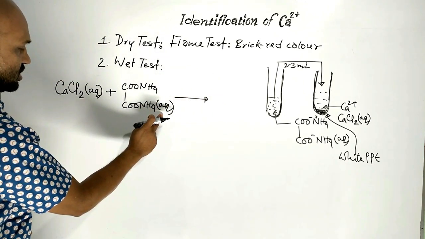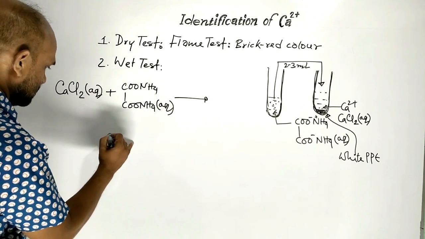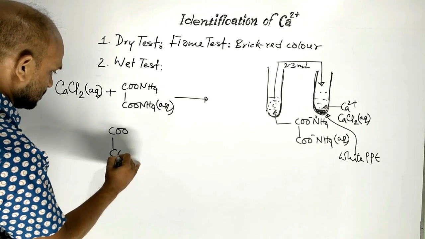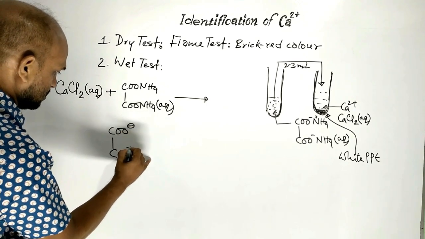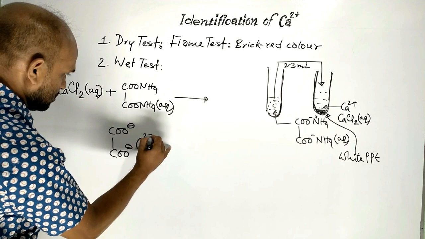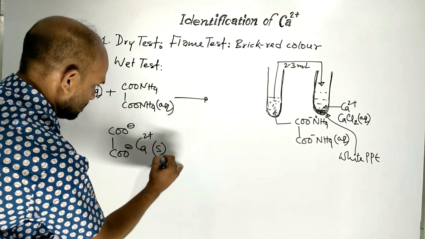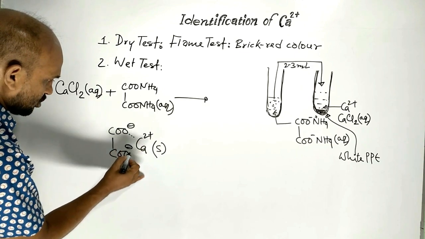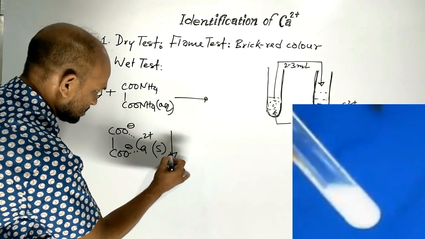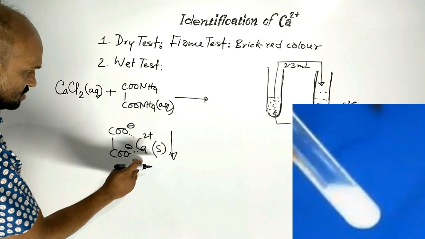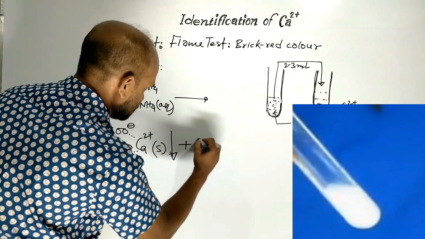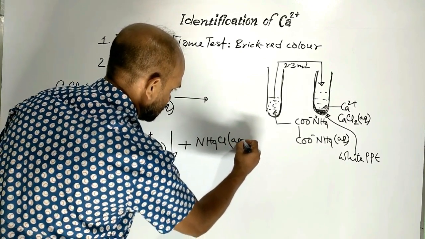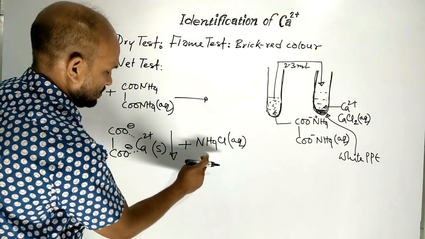Then calcium oxalate is formed, which is insoluble in water. That is, calcium oxalate deposits as white precipitate. Here, the byproduct is ammonium chloride, which is soluble in water.